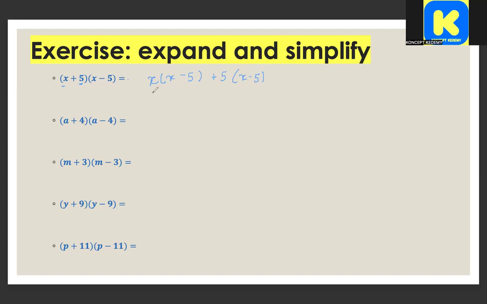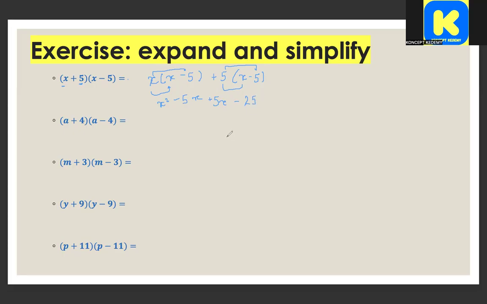Now let's calculate. x into x will be x square. x into minus 5 will be minus 5x. This 5 into x will be plus 5x. And this 5 into 5 is plus, and plus into minus is minus, that is minus 25.